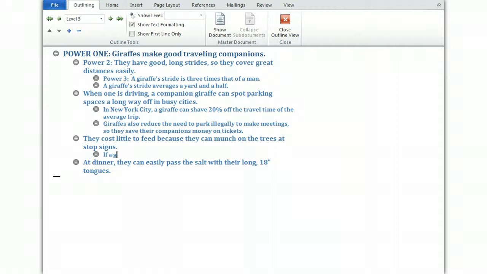If a giraffe skips lunch, it can save an average of, let's make it up, $7.50 a day on each trip.